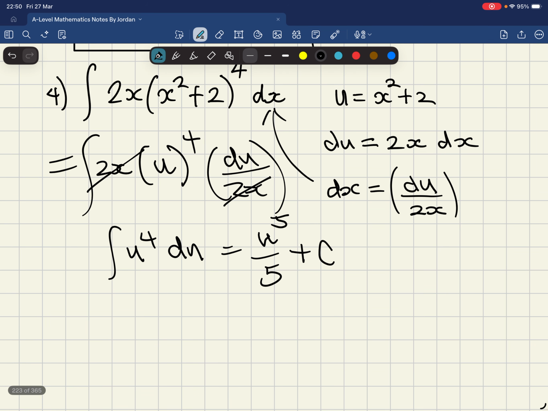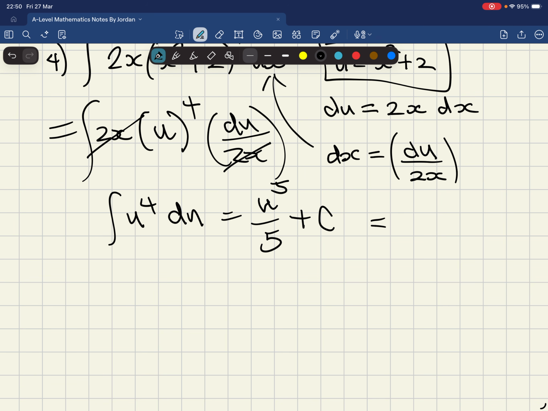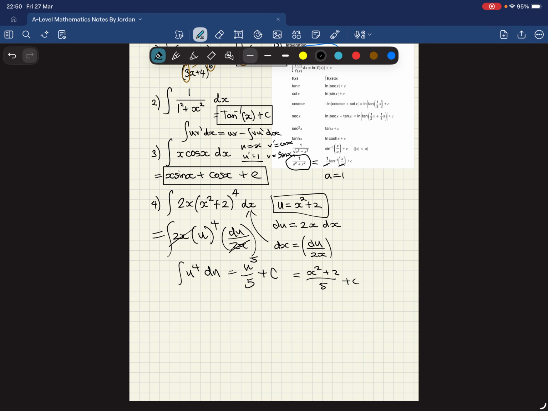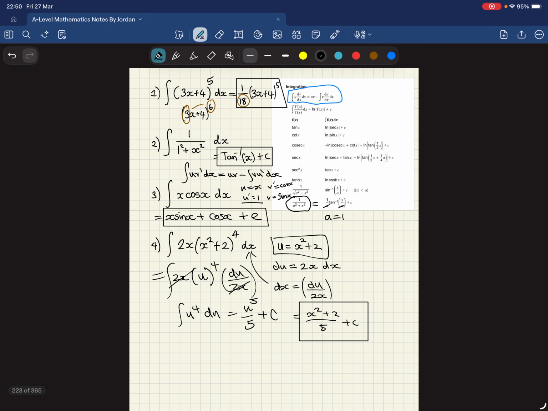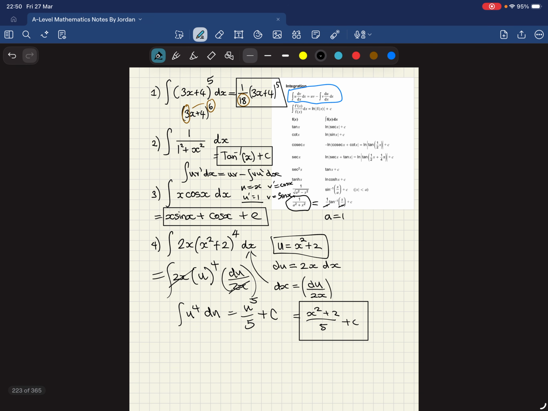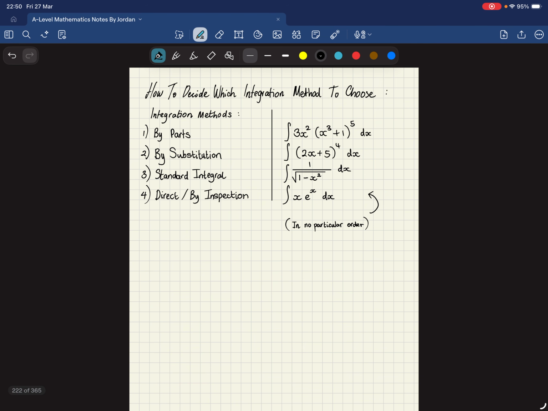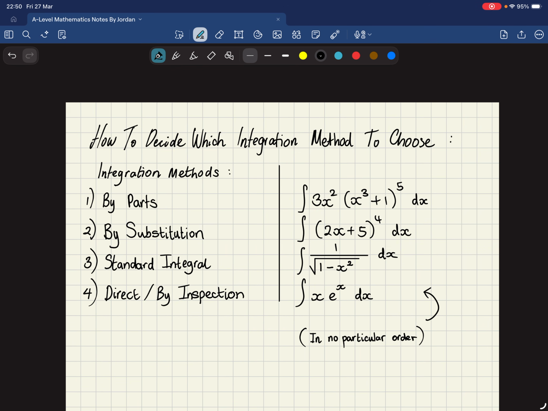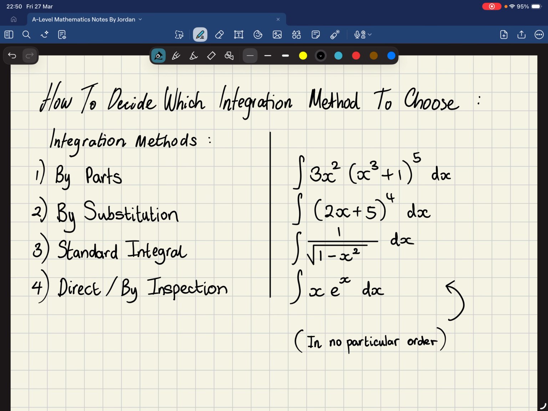If I sub u back in, which is here, that gives me x squared plus 2 all to the 5, divided by 5 plus c. Okay, so there they are, the 4 methods. So why don't you pause the video and see if you can figure out which method is for which.